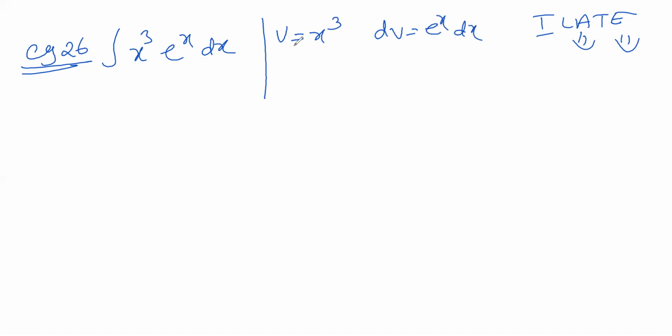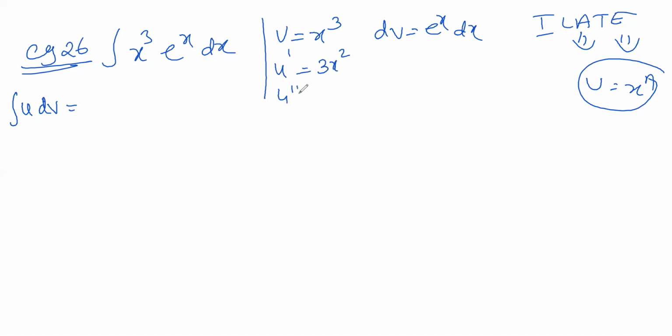Since u is of the type x power n, we are using Bernoulli's formula. Now find u dash. Differentiation gives 3x square, u double dash is 6x, and u triple dash is equal to 6. If you take the fourth differentiation it comes 0, so we stop at u triple dash.